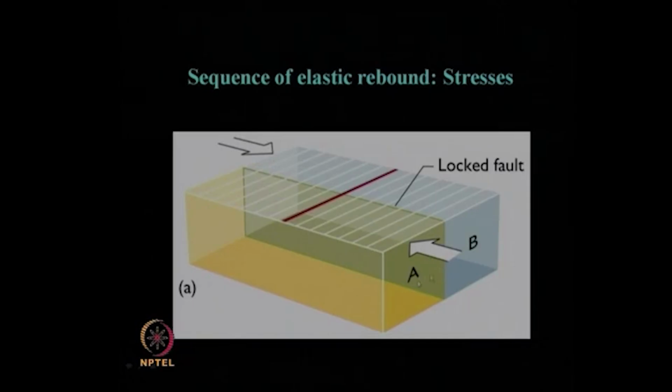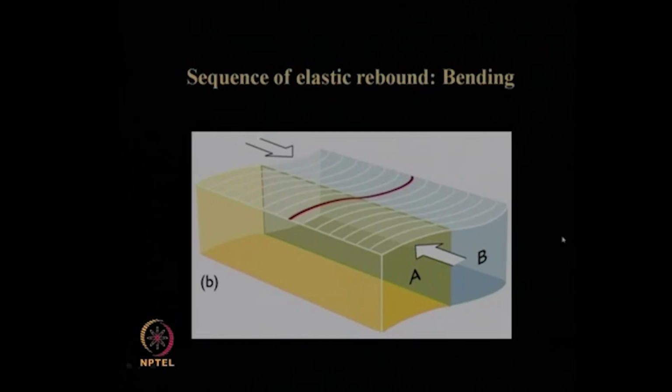So, these two blocks A and B, which were initially together, will move or slide past each other over this weakness region, which is nothing but this fault. The stresses get developed within this rock, which is trying to get released through this weaker zone within that rock.